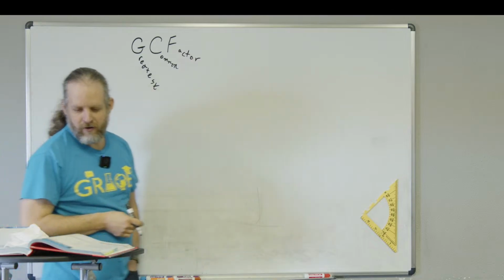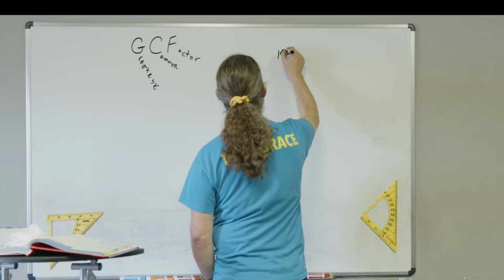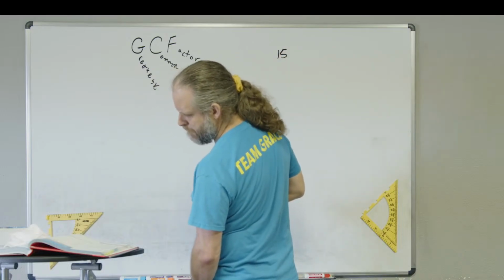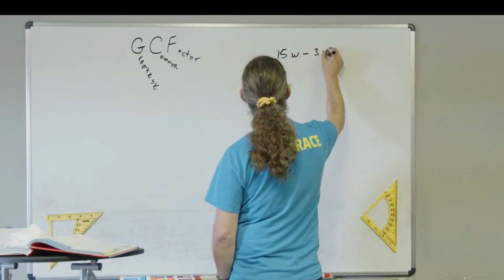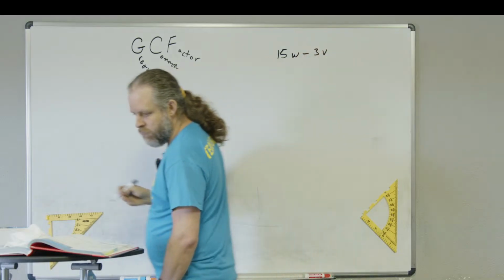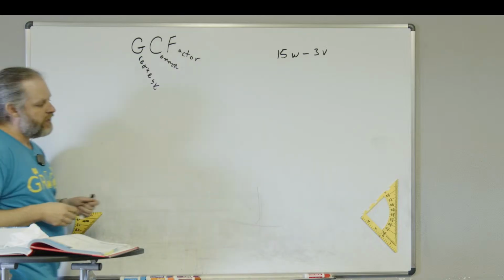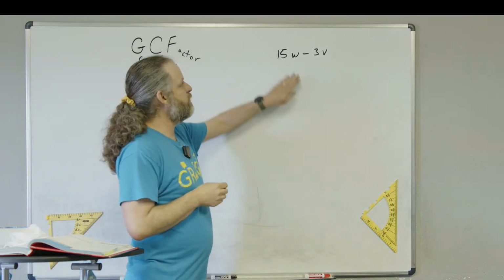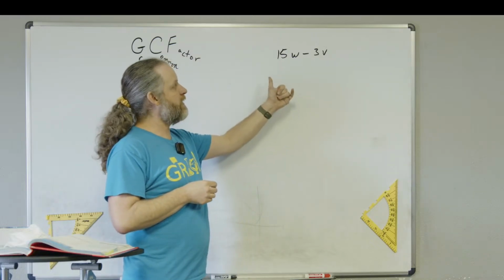So, if we are looking at 15W minus 3V, we are going to factor that using the greatest common factor. What we need to do is figure out the common factors between this term and this term, starting with the numbers.